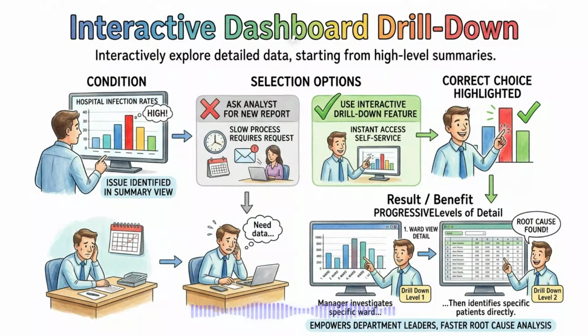They can keep clicking deeper and deeper, moving from the hospital-wide view down to a specific ward, and finally down to the specific list of affected patients. This interactivity empowers department leaders to independently investigate the root causes of their own data without constantly asking the analyst for new reports.